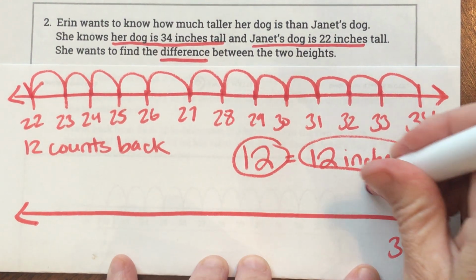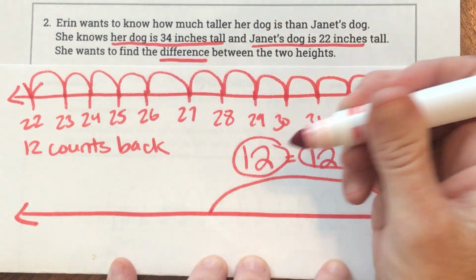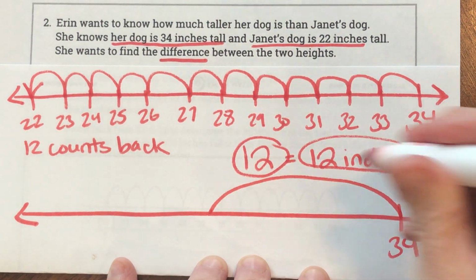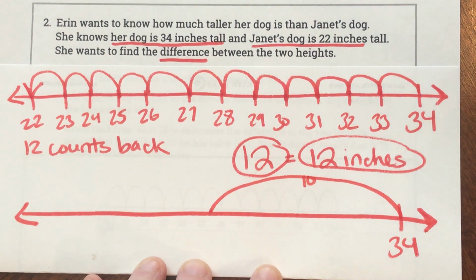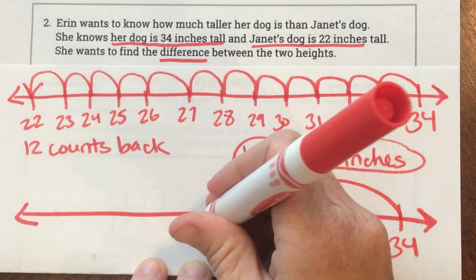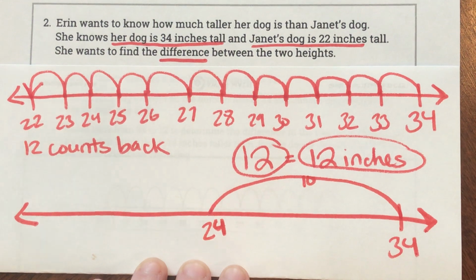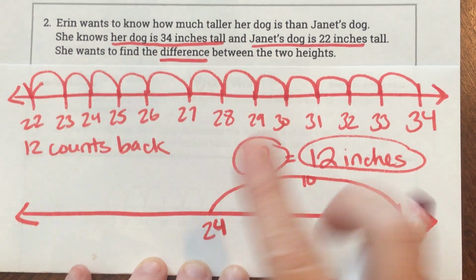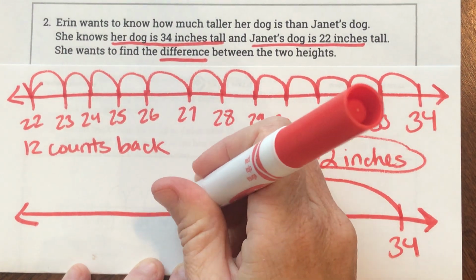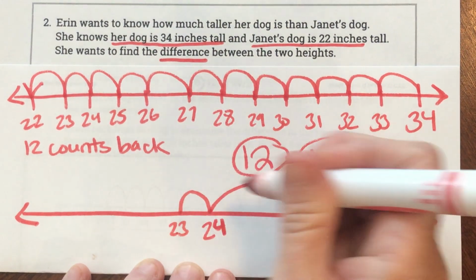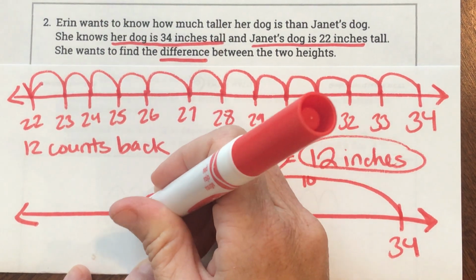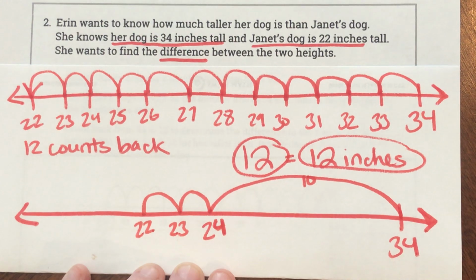If I hopped back and took a long hop, and I hopped back 10 instead of hopping one at a time or counting back one at a time, if I counted back 10, I would get 24. Now that doesn't give me enough because I need to get all the way back to 22, but then I could do little counts back and go one little count, two little counts, and I'm there.